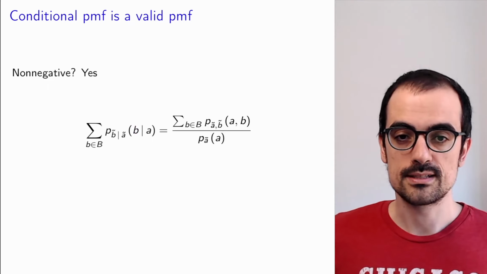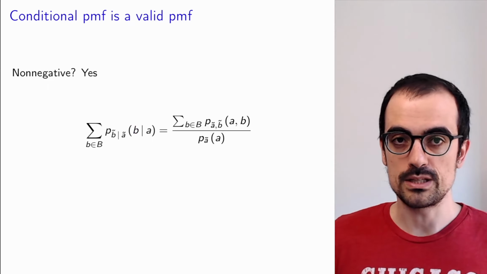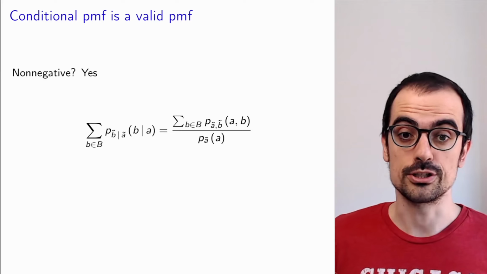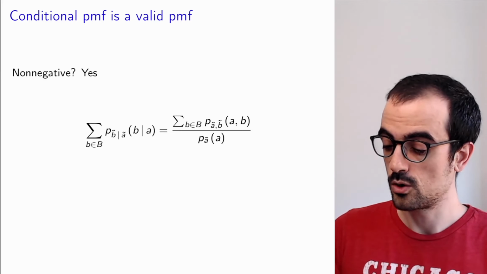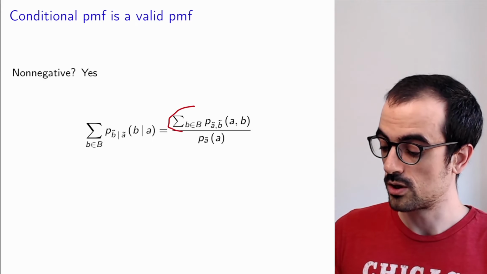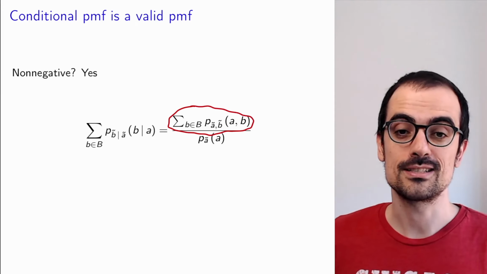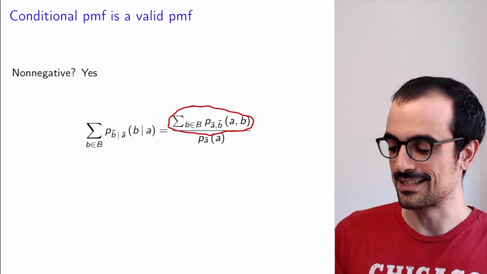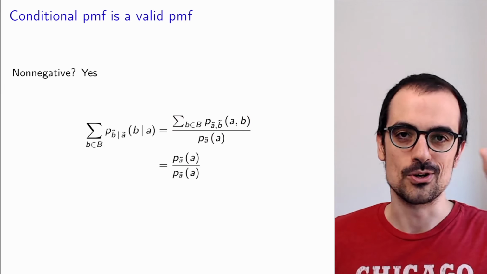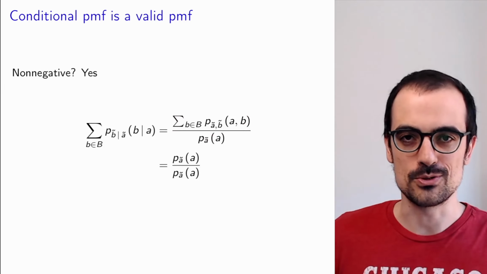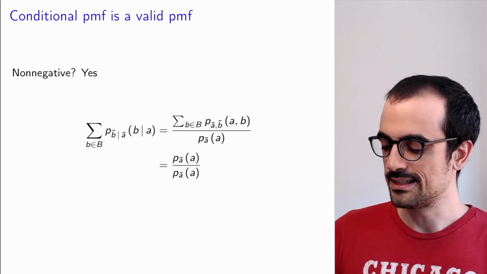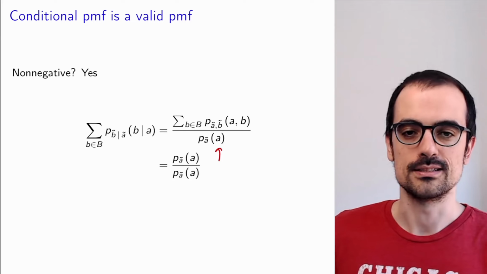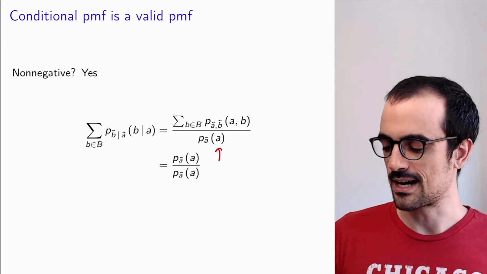So here when we sum this, we get the sum of the joint PMF divided by the marginal probability of A at that value. And when we compute this sum of the joint PMF, this is just the marginal of A at A. As I said, this slice that we were talking about, if you sum all of those probabilities, it's just the probability of A. So indeed, this term normalizes the conditional PMF so that it adds up to 1.